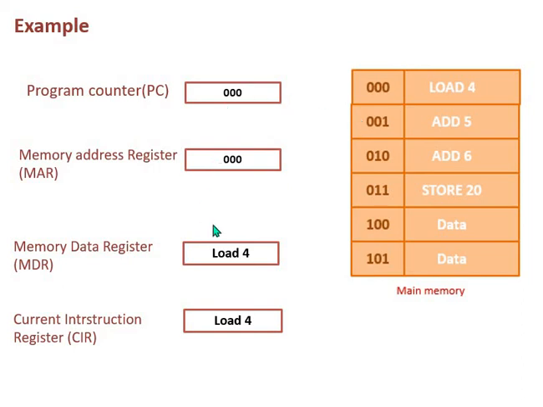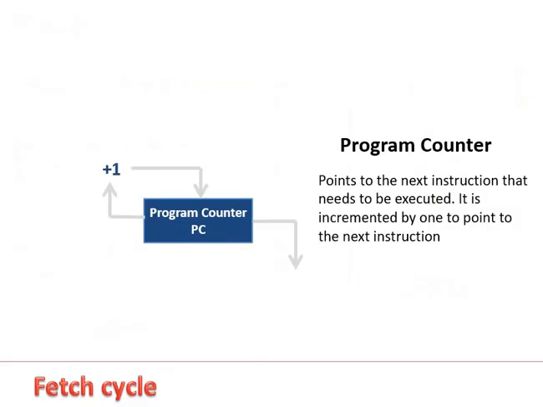So when this instruction is executed, it will check the program counter, which has 001, and move to the 001 address in order to get the instruction. That's why the program counter is always incremented by 1 when it transfers its content to the MAR.